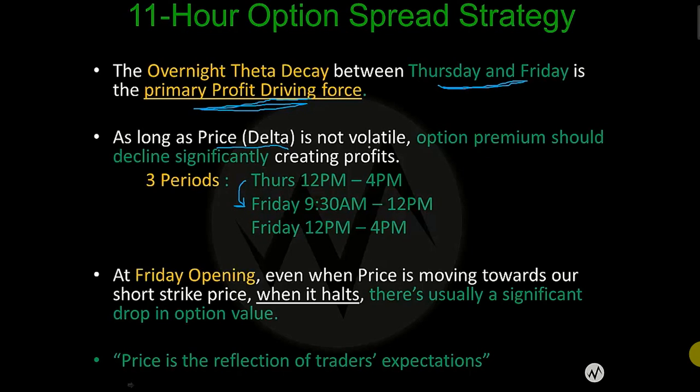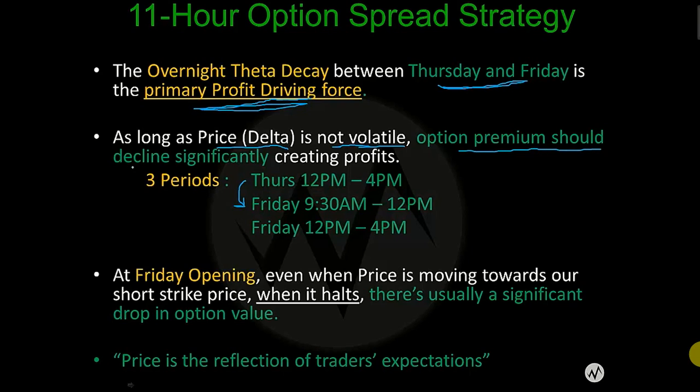If it's plus or minus 1%, the way we do this, that is not going to make a difference. It's going to matter if it's plus or minus 10%, but as long as the price is not volatile, you're okay. The option premium should decline significantly at the open.